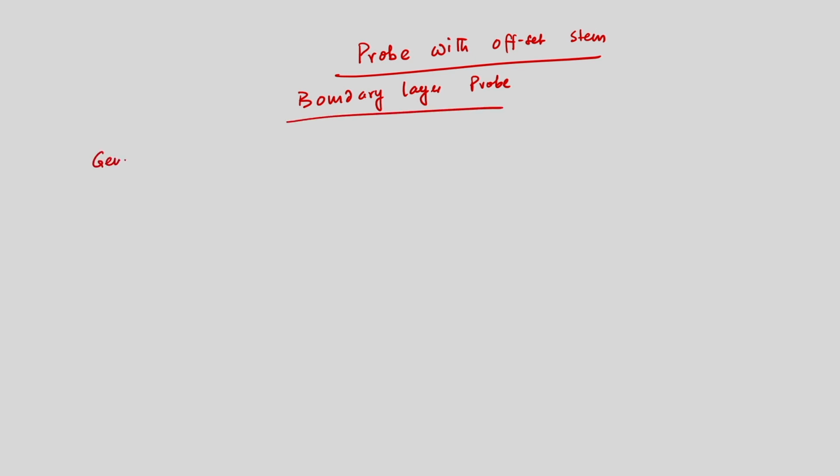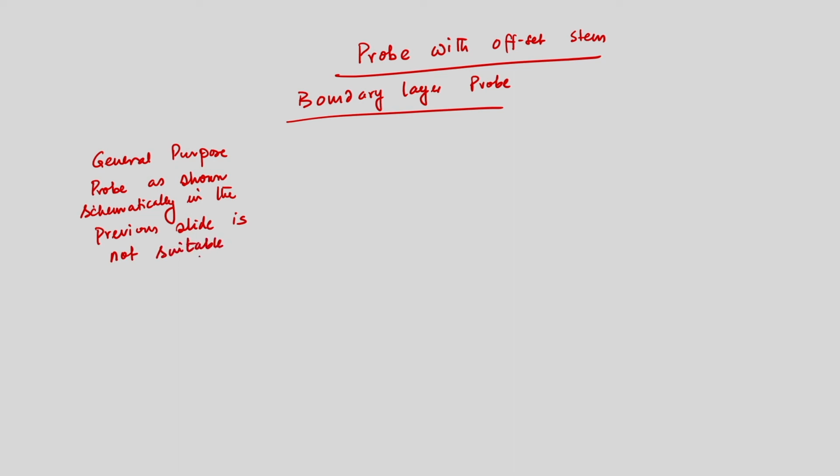That means the general purpose probe, as shown schematically in the previous slide, is not suitable for measuring flow velocity in the region close to the surface.